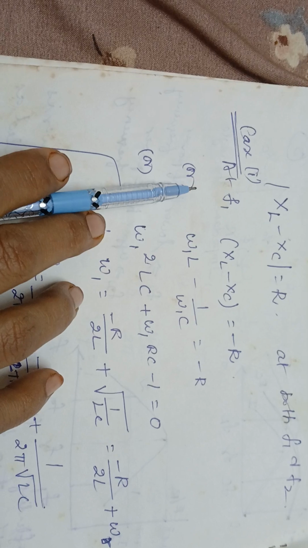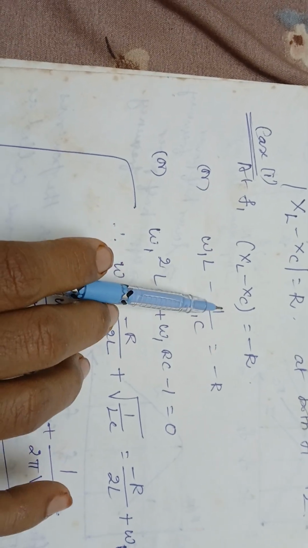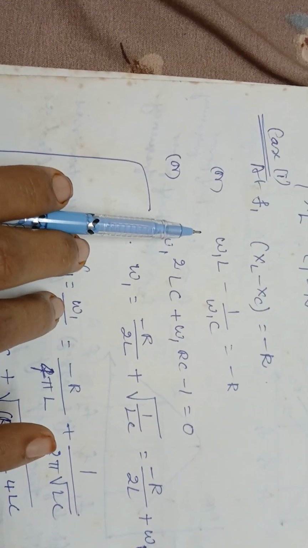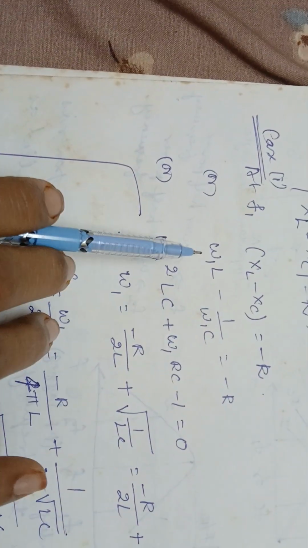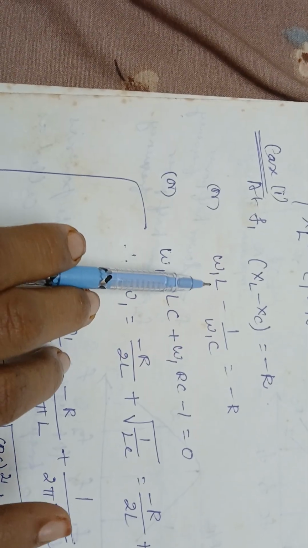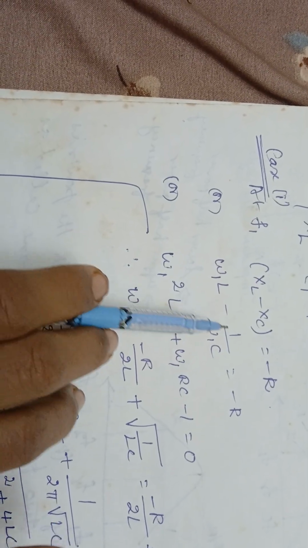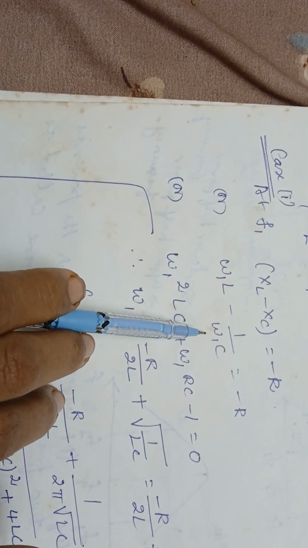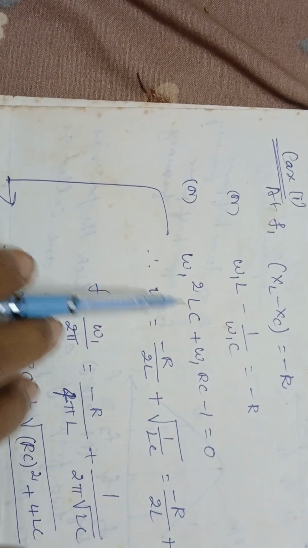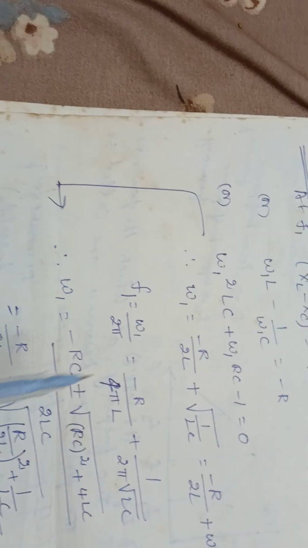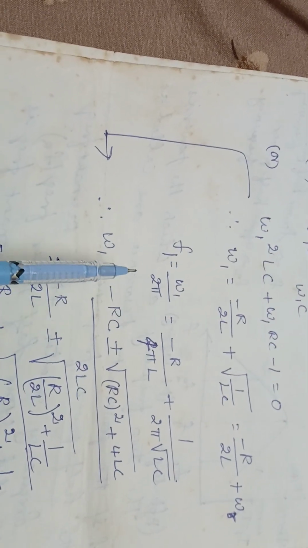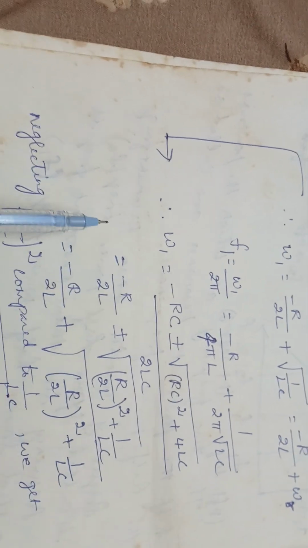In case 1, we take XL minus XC is equal to minus R. Substituting omega 1 L minus 1 divided by omega 1 C is equal to minus R, and solving this equation, we get this value of omega 1.